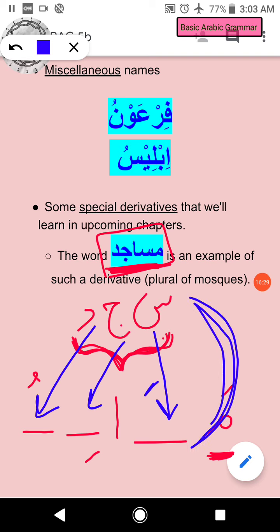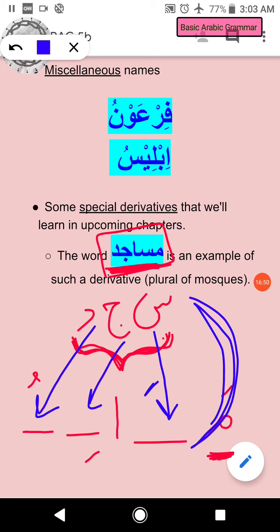these patterns, and once again, it is something that doesn't follow the grammatical rules, but it's totally up to the Arab linguists. So they have set up these patterns, and in Arabic they are called wazan or awzan.